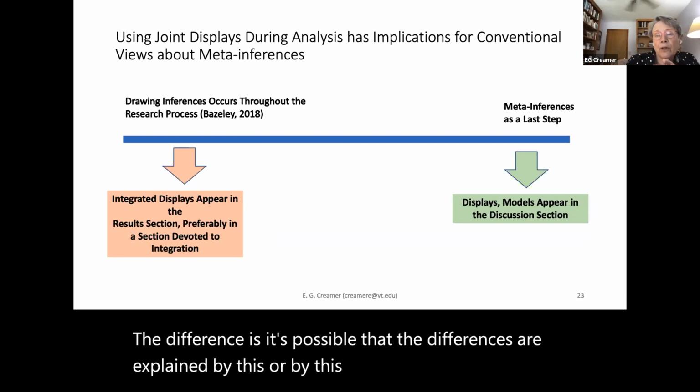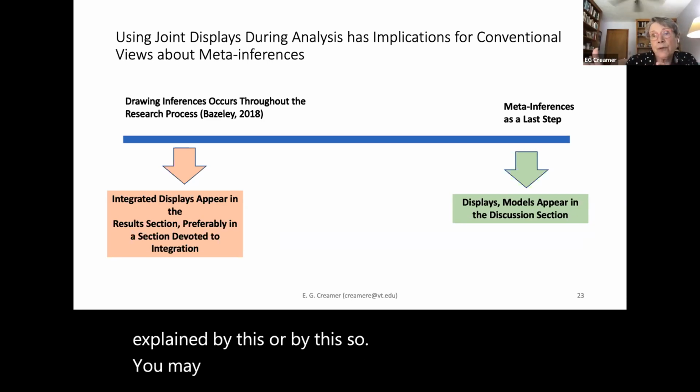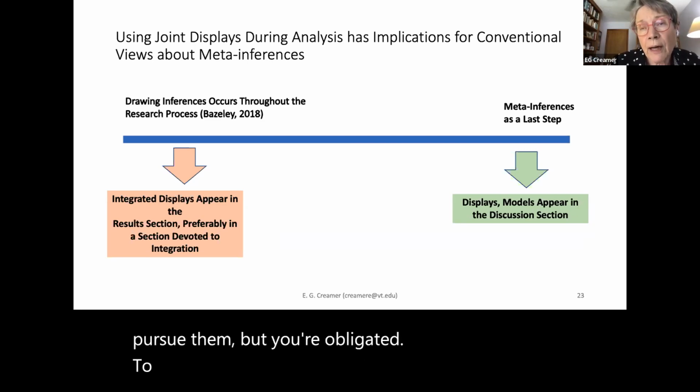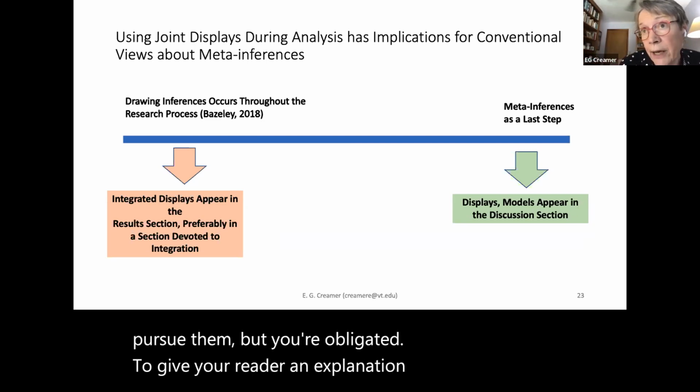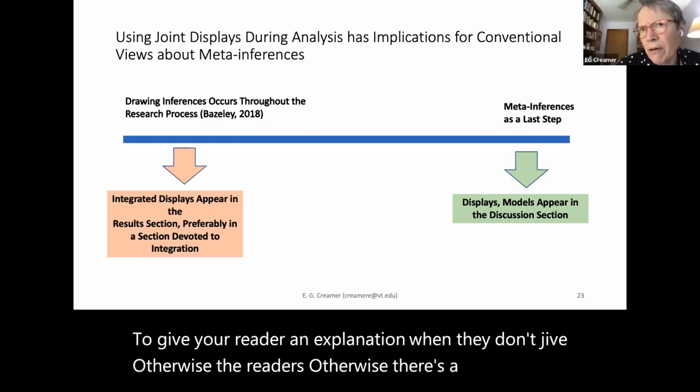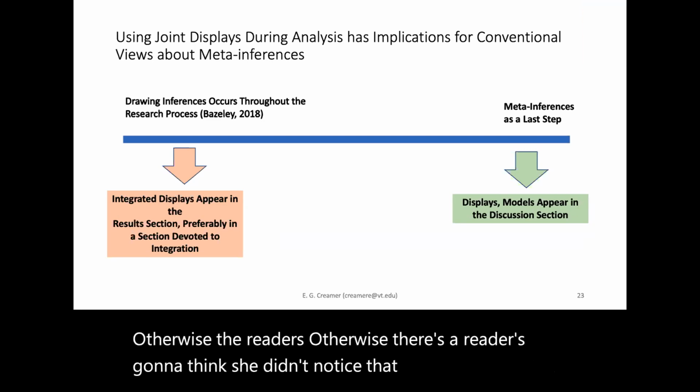So you may choose not to pursue them, but you're obligated to give your reader an explanation for when they don't jive. Otherwise the reader's going to think, she didn't notice that they didn't jive, and they're not consistent.